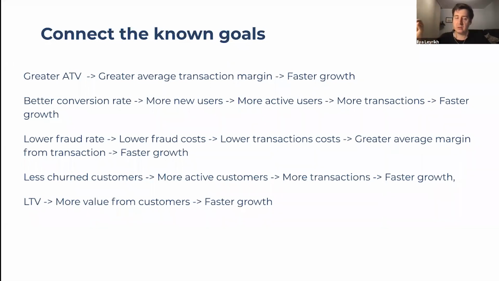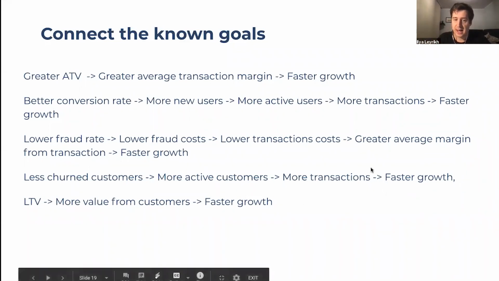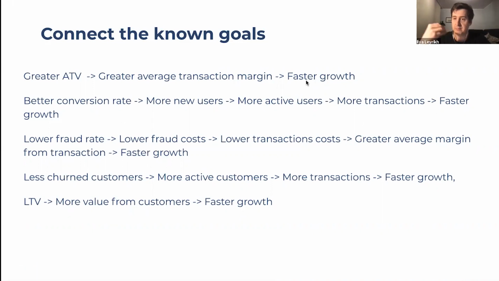And you can build those chains, and what you can see is that all those chains end up with the same root, and you can then connect them together and convert this into one tree-like structure.